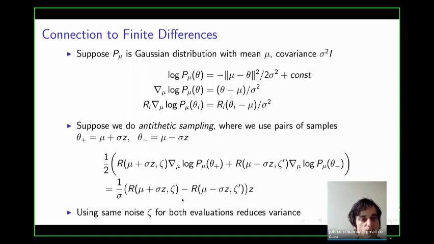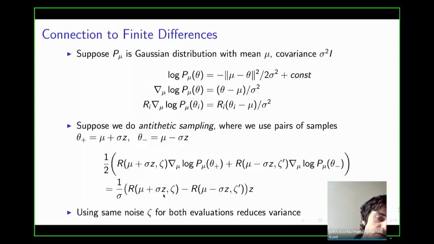Because under almost all conditions, these two terms are going to be positively correlated, meaning when you take an expectation over zeta, these terms are going to be very positively correlated. So if we take the difference of them, we're going to cancel out some of the noise that comes from zeta.